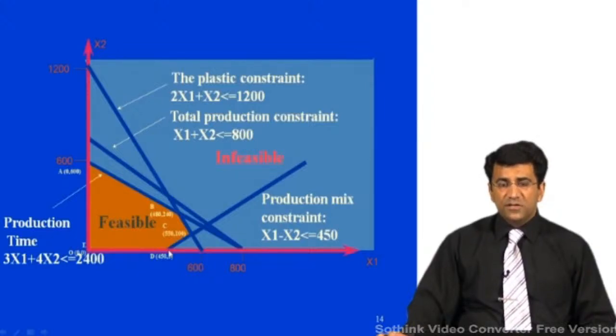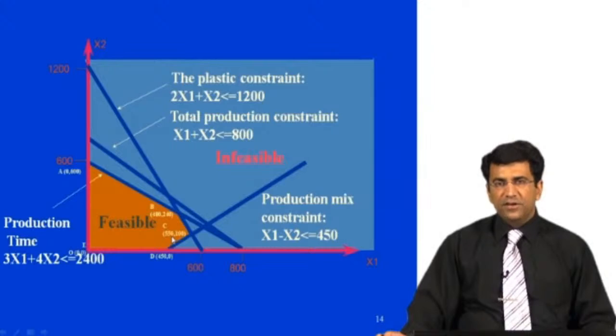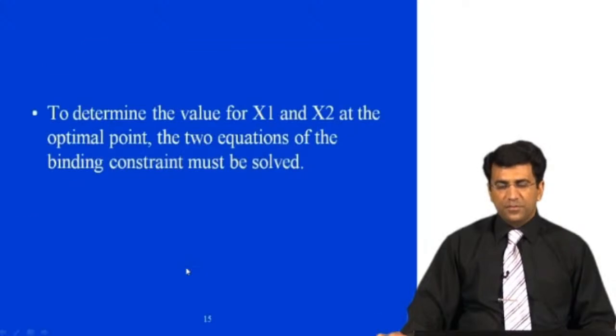So our feasible region is O, A, B, C and D. So what we will do, we will again first of all find out the points of intersection of the respective lines in order to calculate the coordinates of B and C, and then finally we will prepare a table for the different alternatives, that by the different combinations of the two products X1 and X2, how we can maximize our profit.